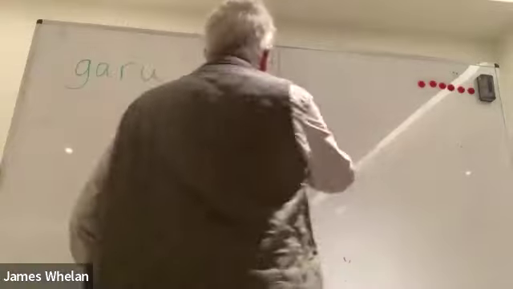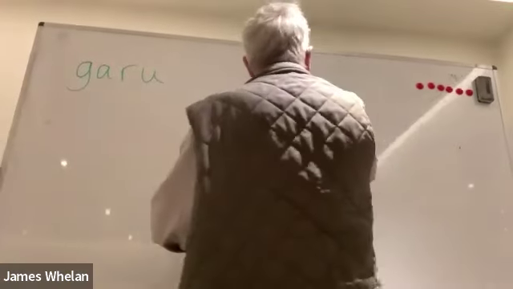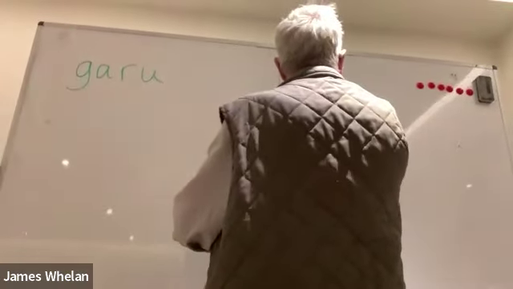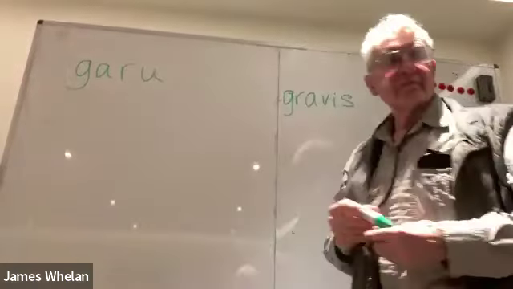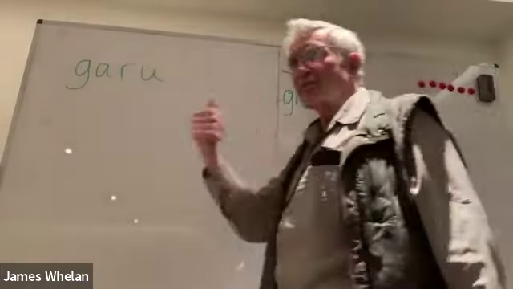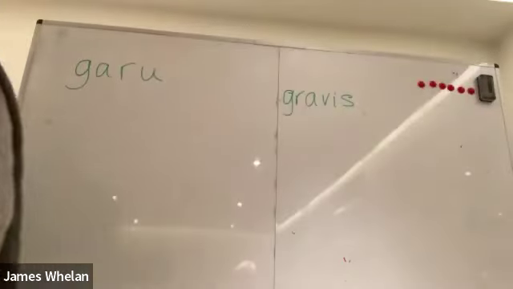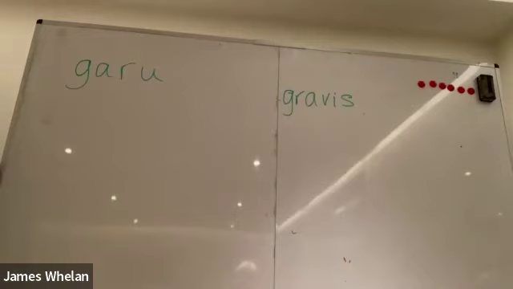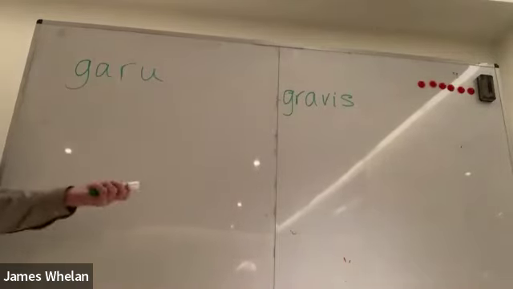And it is directly cognate with the Latin word gravis, meaning heavy, which of course comes into English as grave and gravity, and words like that from Latin gravis. So I say it's that same word.